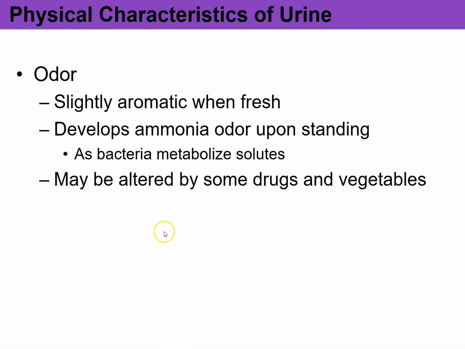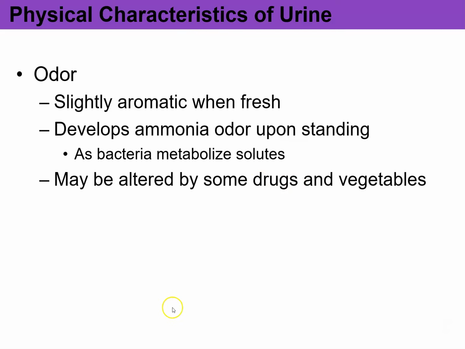Odor of urine: slightly aromatic. That's not particularly informative. That just means it has an aroma. But if it starts to smell like ammonia, and if you don't know what that smells like, get some ammonia cleaner out of the cleaning cupboard and smell it, and you'll probably recognize it.